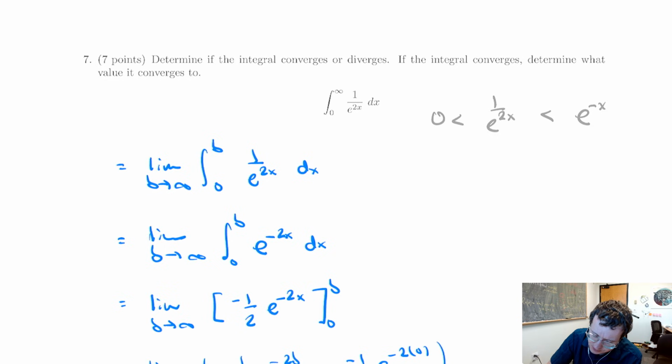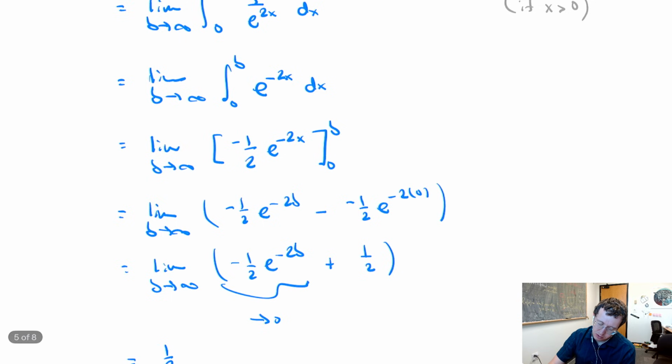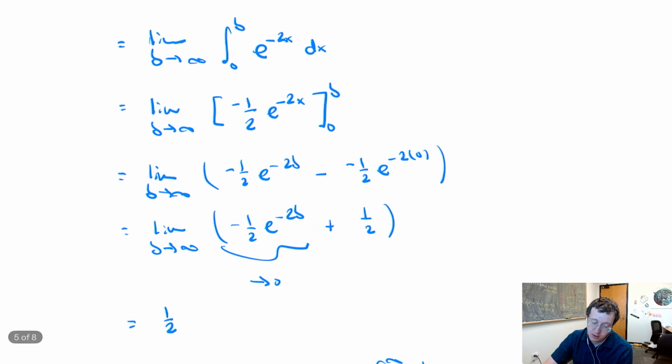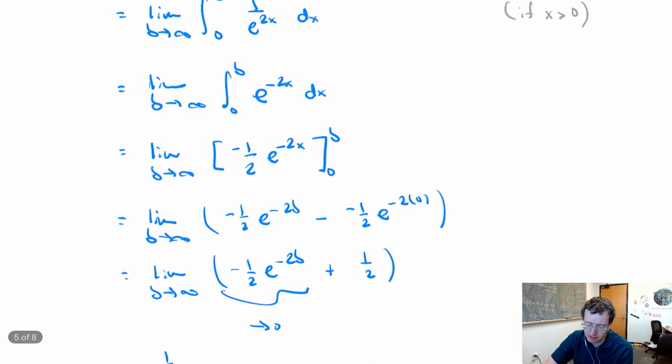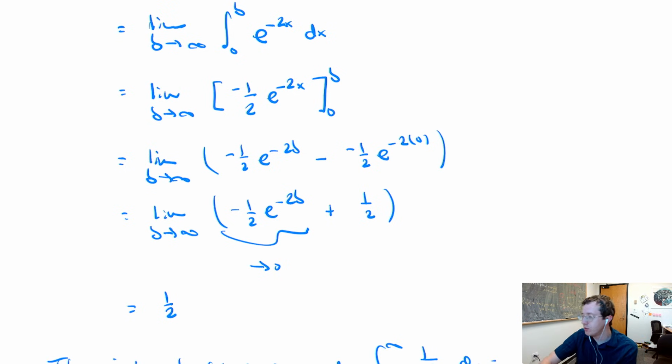Yeah. So you could compare it to 1 over e to the x, or e to the minus x. You would then have to know that the integral of this thing converges. And even if you did that, it wouldn't help you find the actual value. So it's a nice idea using the comparison theorem here, but you are going to have to do all of this work anyway to find the value that it converges to.